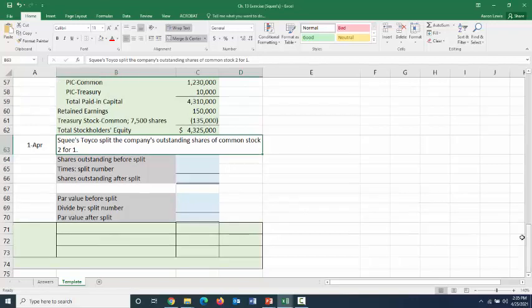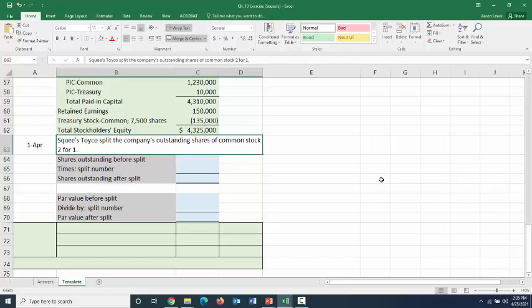Lastly, to finish this problem, on April 1st, Squeeze Toyco is going to split the company's outstanding shares of common stock. And outstanding is incredibly important because there are a few exceptions, but as a rule of thumb, whenever you split common stock, you do not split shares that are in treasury. You only split the shares that are in the hands of the public.